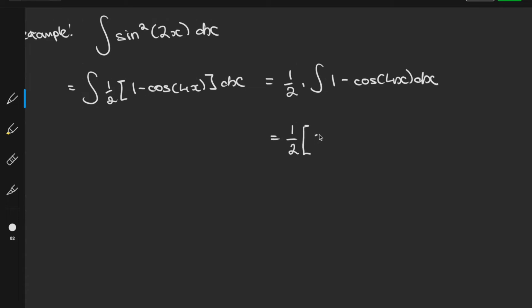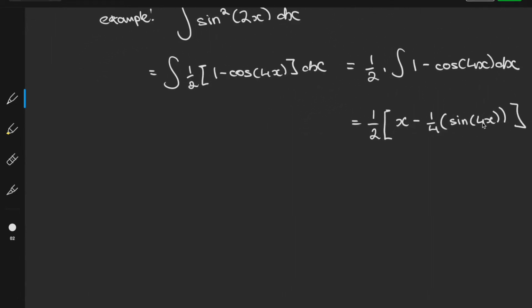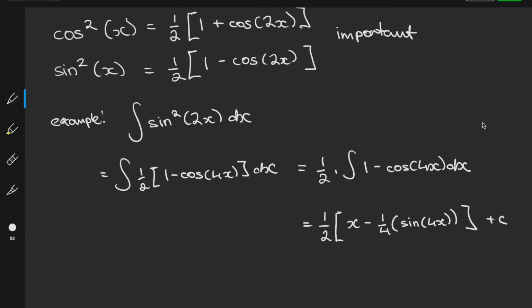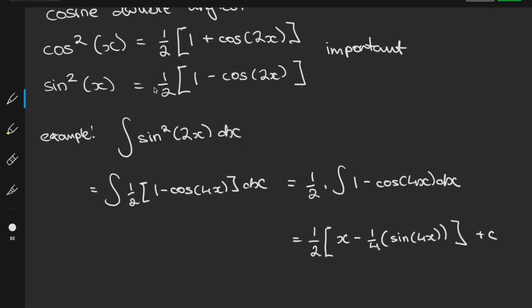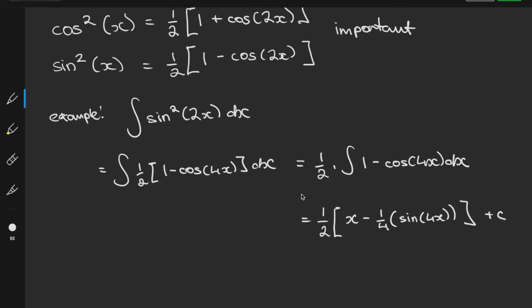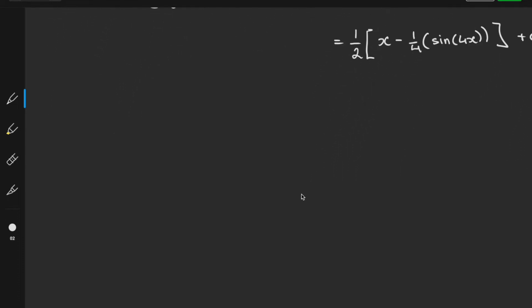So this is just going to come out to 1/2 times x minus 1/4 times the sine of 4x. And don't forget the plus c, because this is an indefinite integral. So that's a pretty simple one. That's just going pretty much straight from the formula that we have up here, and a nice easy integral. Nothing too complicated here.